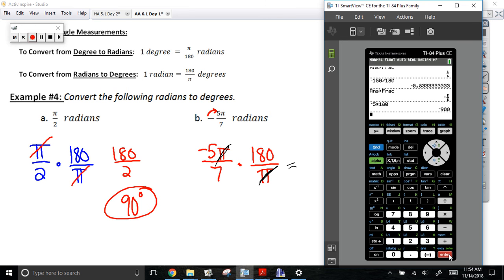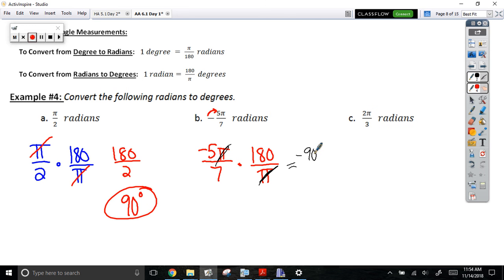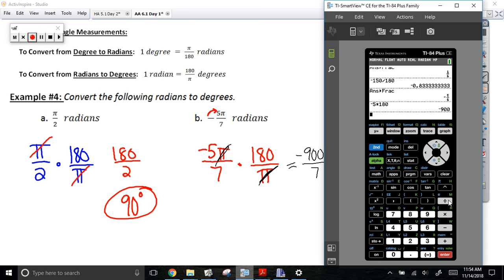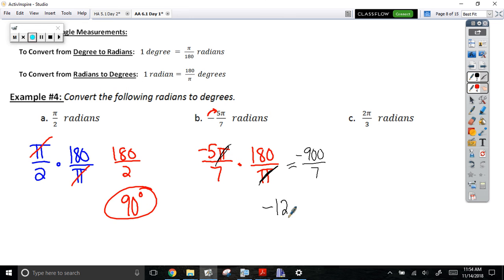We'll get negative 900. And then we'll divide that by 7. And we'll have to round it. So negative 128.57 doesn't tell us what to round to, so negative 128.6, whatever. And that'd be degrees.